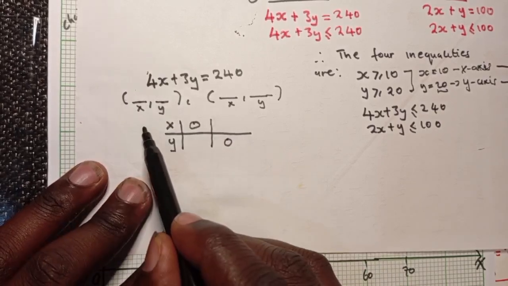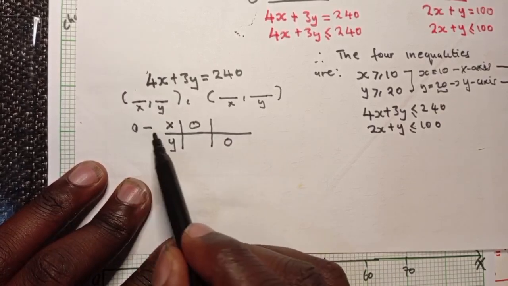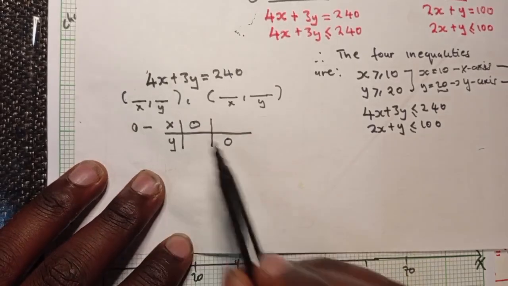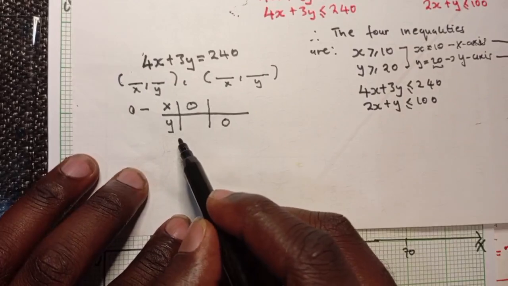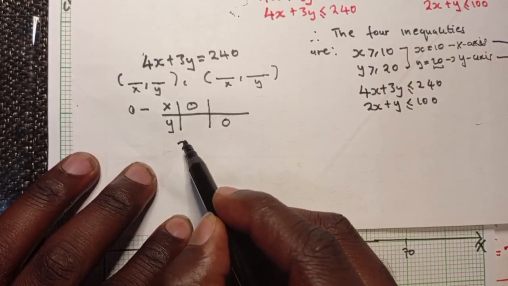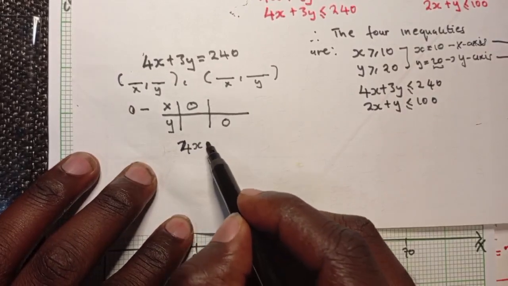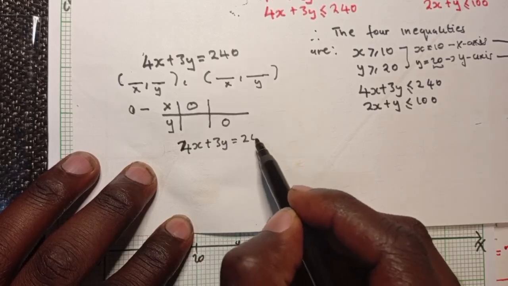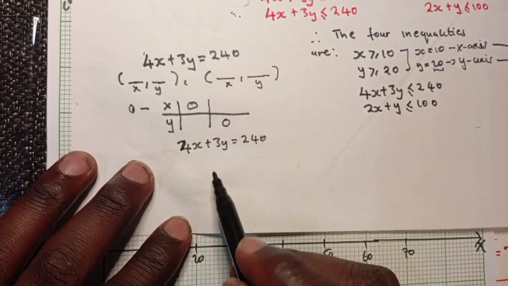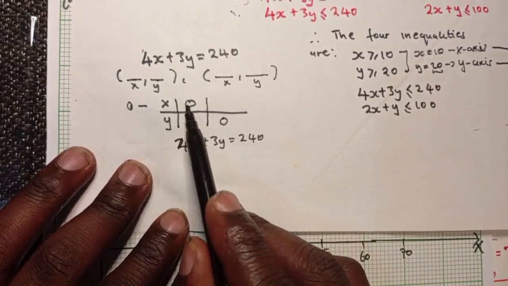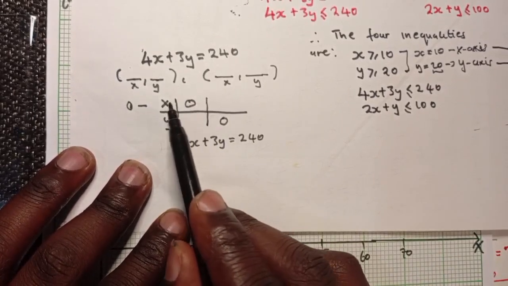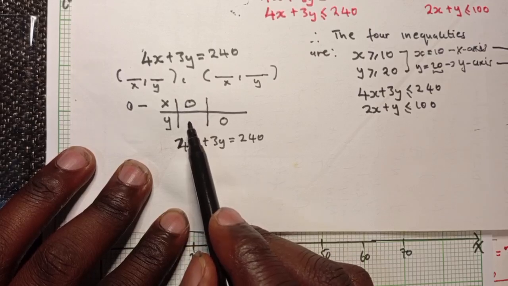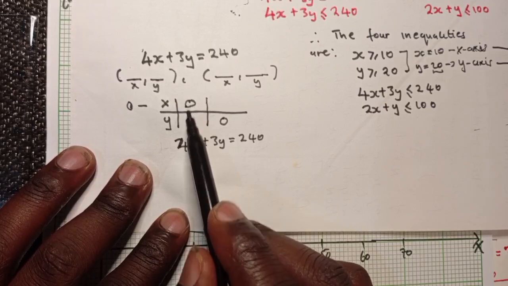So we're going to start with the first x value. We're going to use this equation here. We're going to write the equation. That is 4x plus 3y is equal to 240. Now, what this 0 simply means is that x is 0. What will be y?